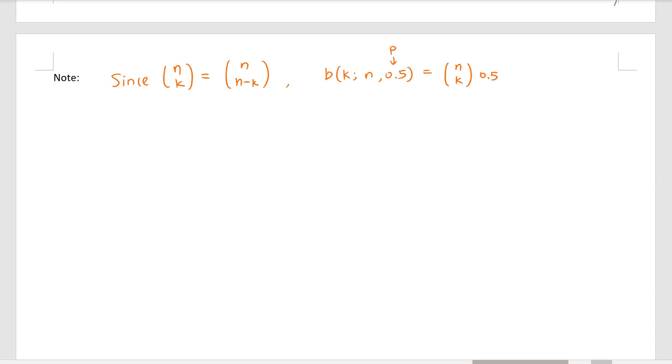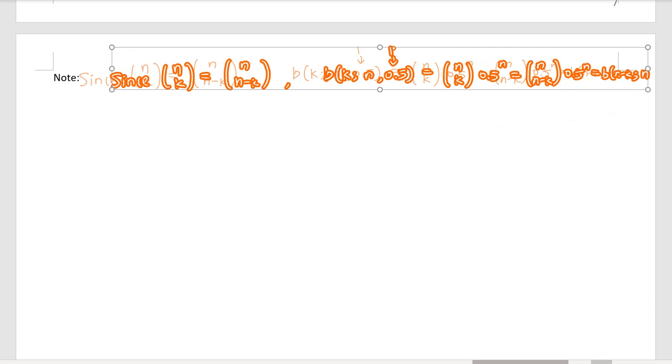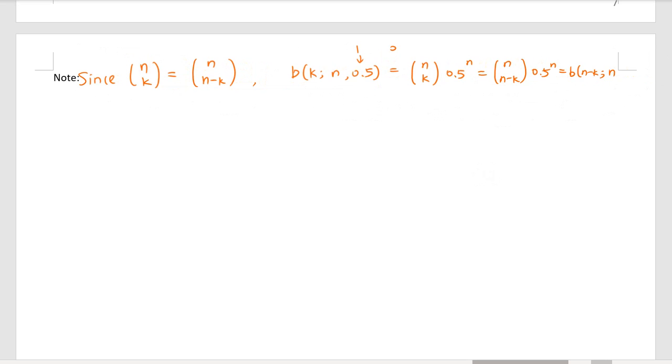That's why we just get 0.5 to the n. And this equals n choose n minus k times 0.5 to the n. This is the binomial probability mass function of n minus k and 0.5. Oh, let me move this to the left. Okay, then I have enough space.